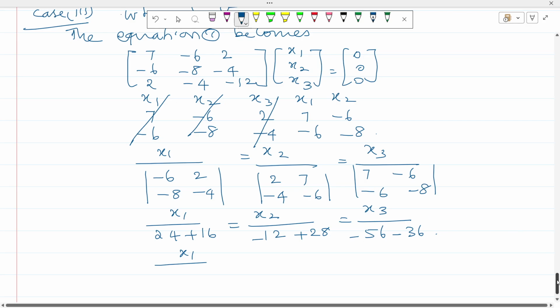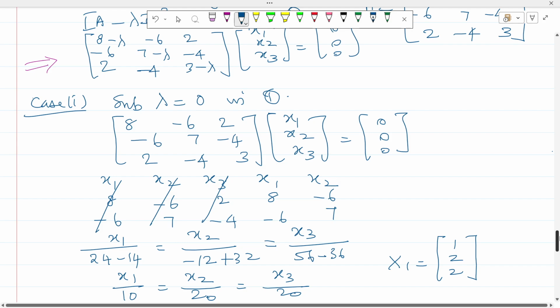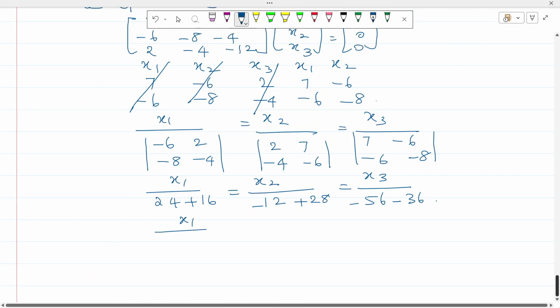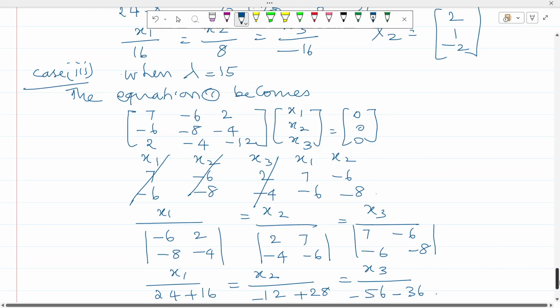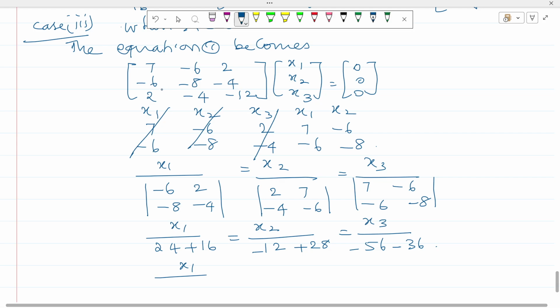Because 15, what is the first value? 8 minus 15 is minus 7. If you are missing that plus or minus anywhere, then you will get it wrong. So here minus 7 and then minus 7 should be there.